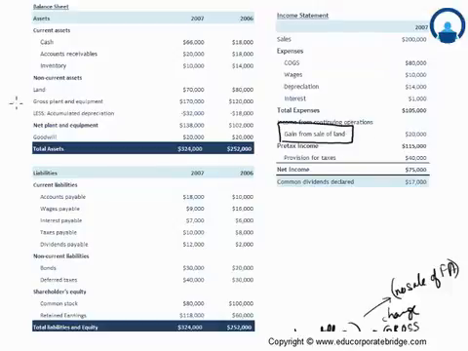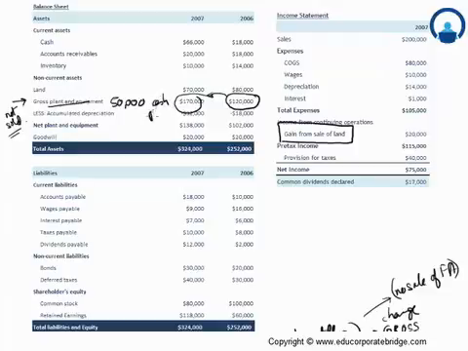So first thing, gross property, plant and equipment was not sold. So whatever amount has increased from 2006 to 2007, that is to an extent of 50,000 here, this would be related to the cash purchase.